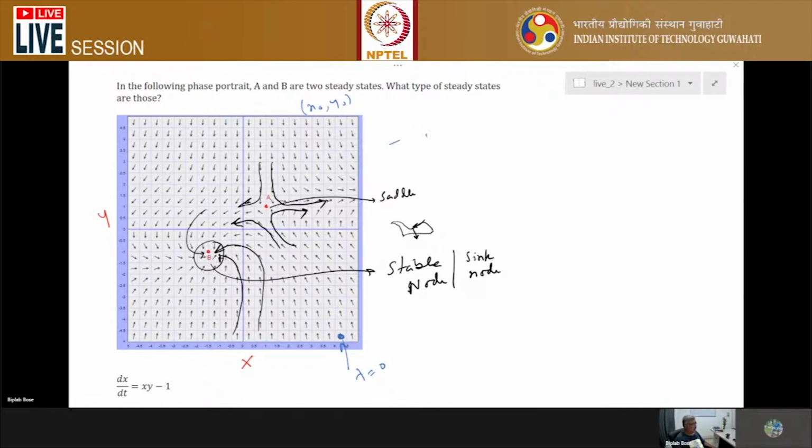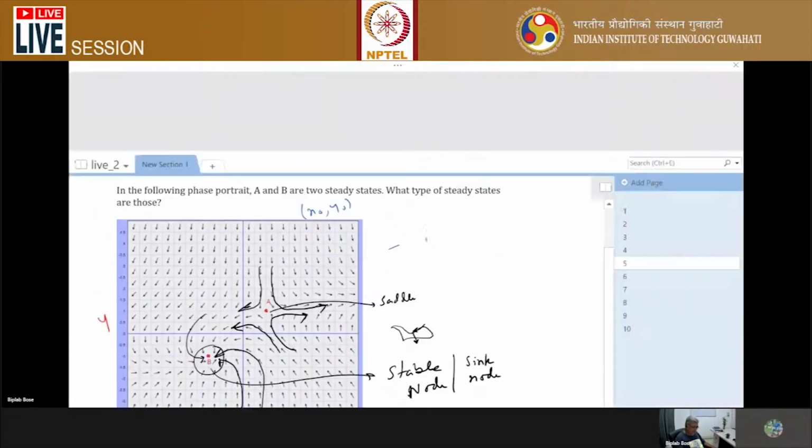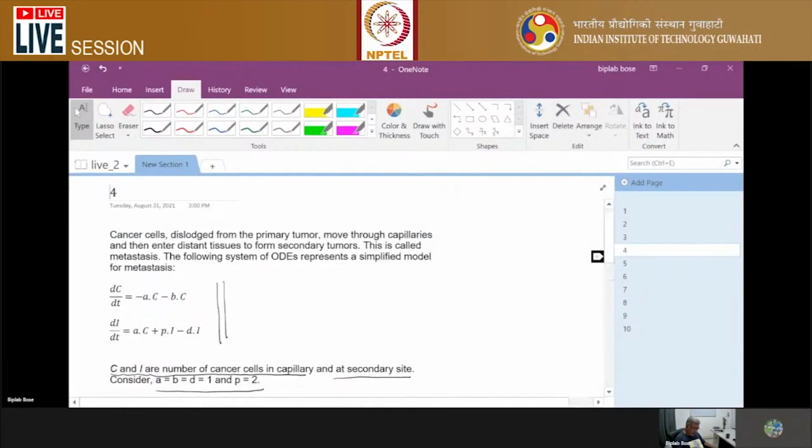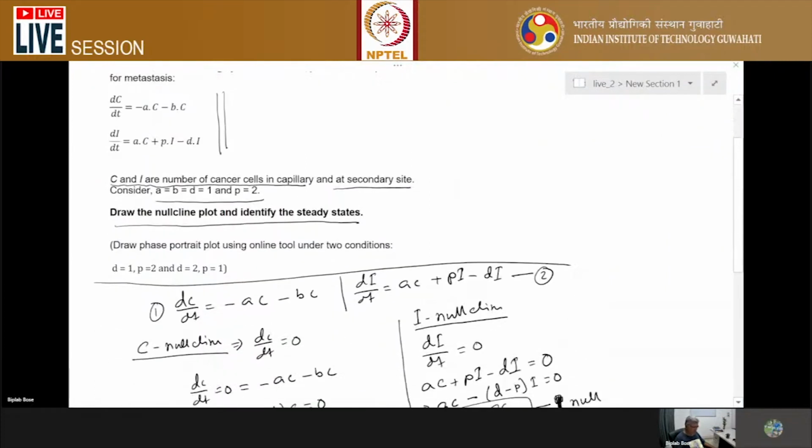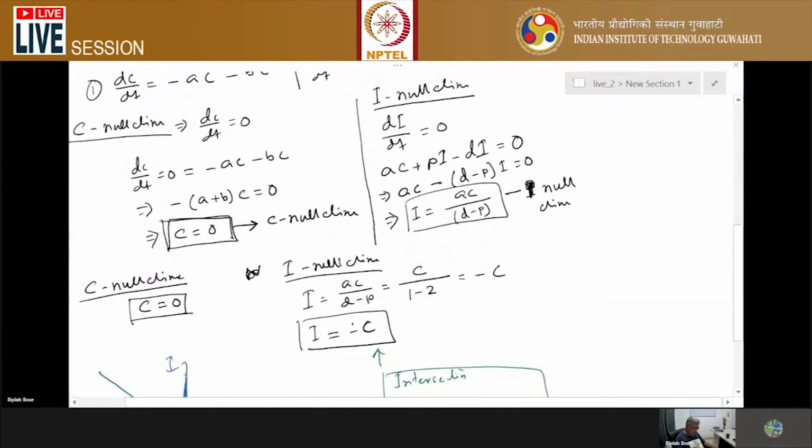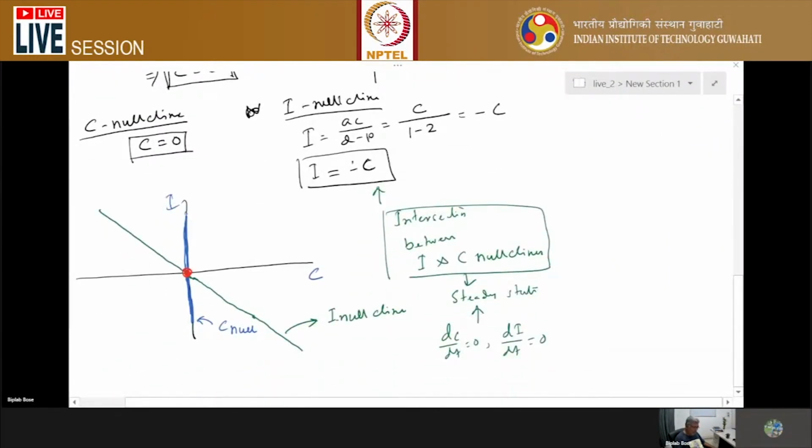Now let me take what Raju has asked, just in case other people also have this confusion. What possibly you are asking is why I equal to minus C is this diagonal line, right? Fine.